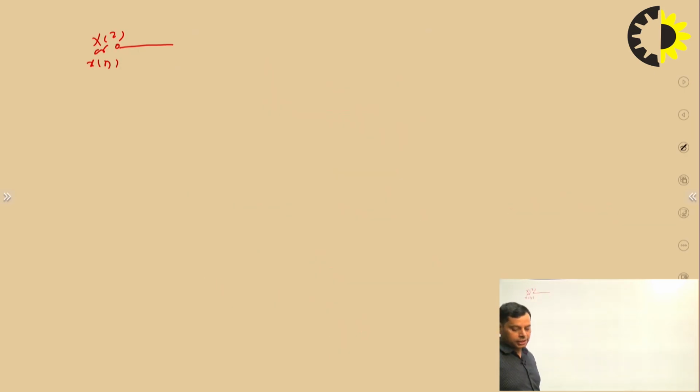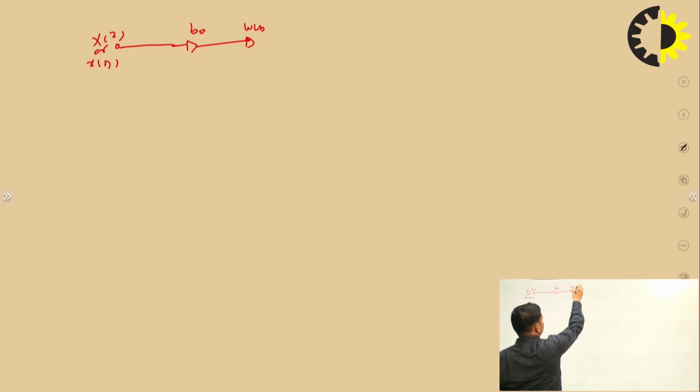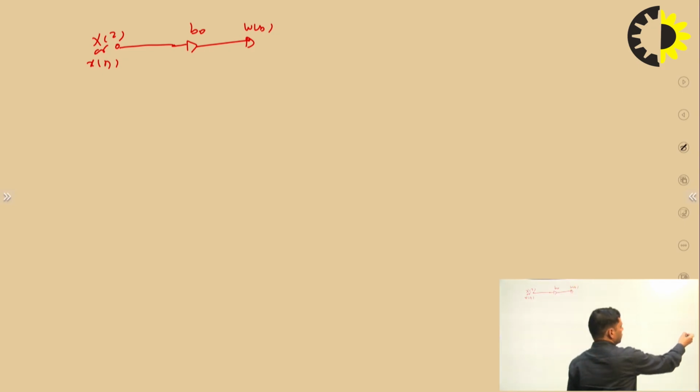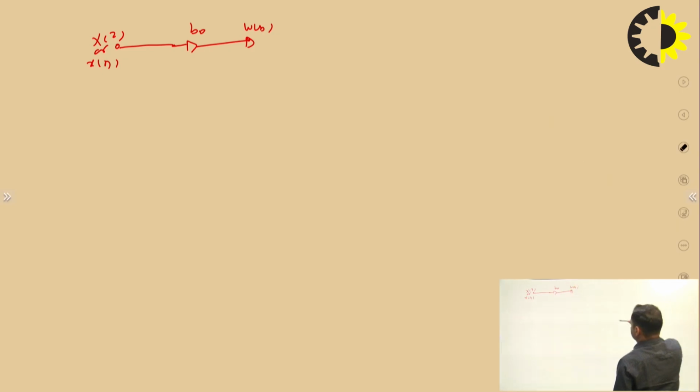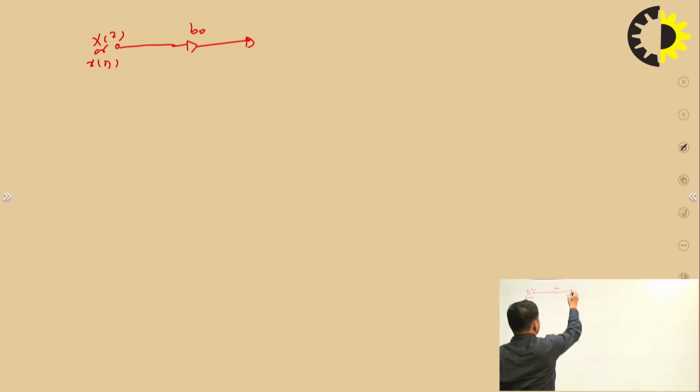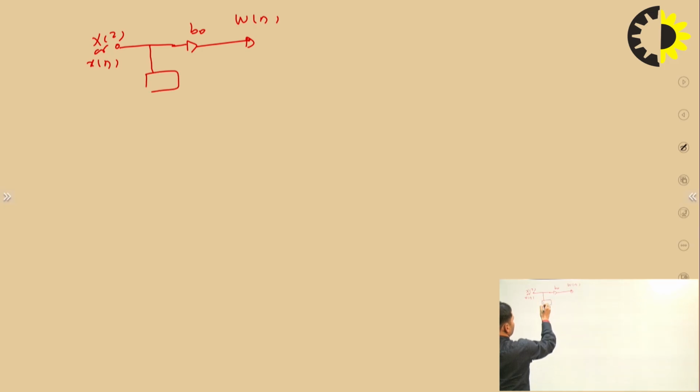While realizing this part, first of all x(n) will be followed with the coefficient b naught, where we are getting the output w(n). After b naught, then what?